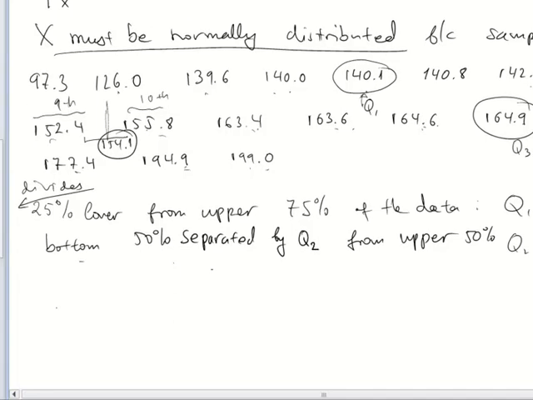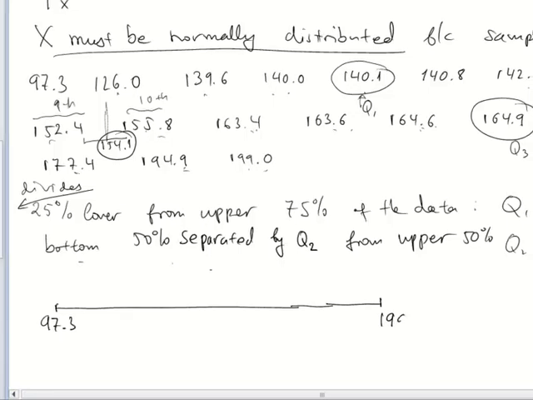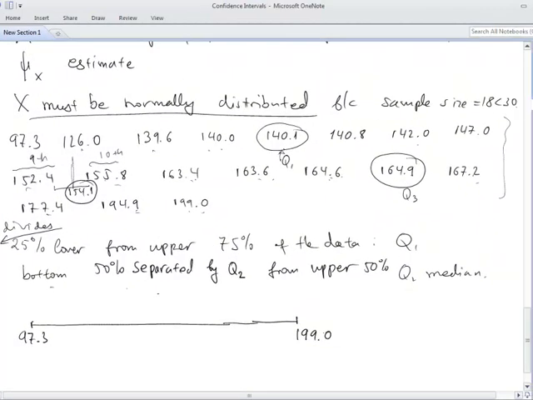So now let me plot the box plot or the box and whisker plot. On the very left hand, I have the lowest value, 97.3, and on the right, I have the 199.0, the highest value. Now you have to put everything else in perspective according to the distance that you have designated between the maximum and the minimum. And if I do the job right, it will be approximately, right?